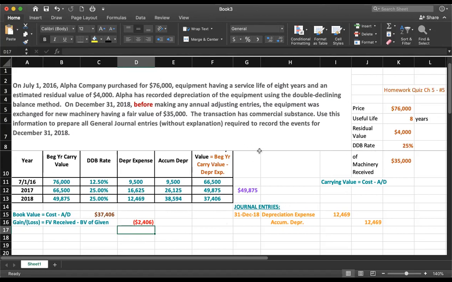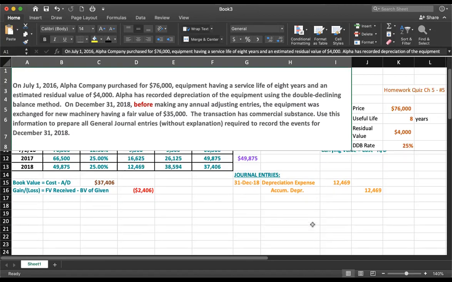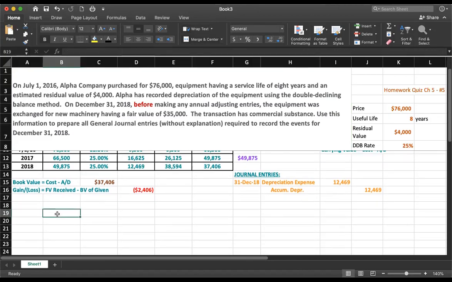The equipment has two things on the books that we need to remove: their cost and their accumulated depreciation. So one, we need to remove the cost and accumulated depreciation on the books that relates to the old equipment.